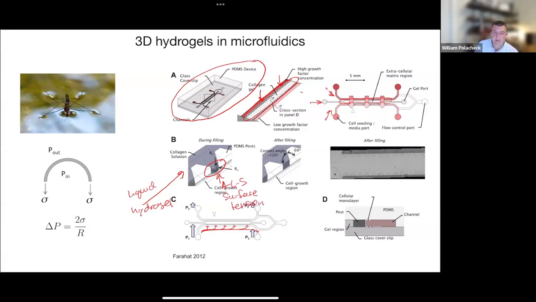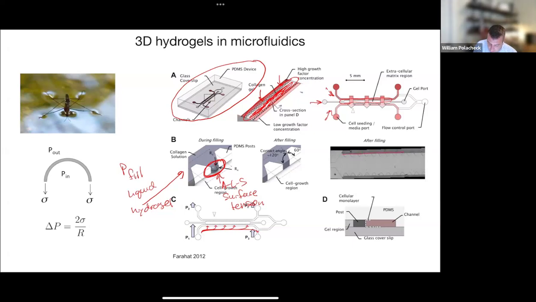So that resists whatever pressure I'm using to fill. The injection pressure of my pipette, if I'm injecting a hydrogel by hand, is resisted by surface tension at this interface, and that keeps the hydrogel present in just the region here that is flanked on either side by these sawtooth-like structures. So this is a phase contrast image.